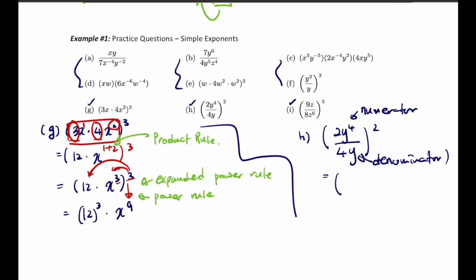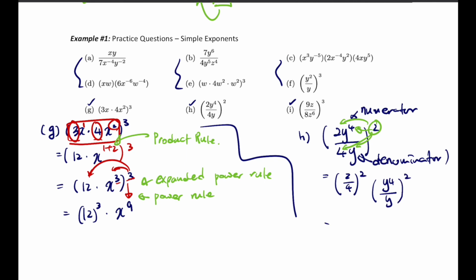So we separate the numbers first: 2 over 4, to the power 2, because we have to expand the powers to everything inside of the bracket. Then we have y to the power 4 over y to the power of 2.